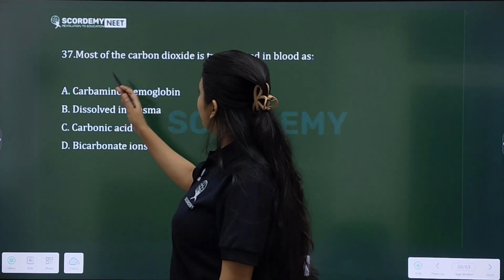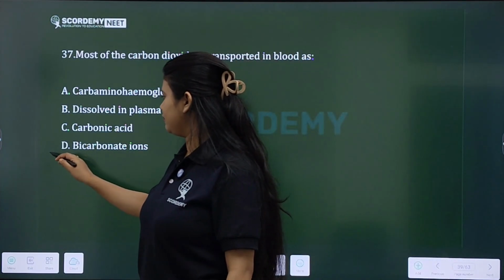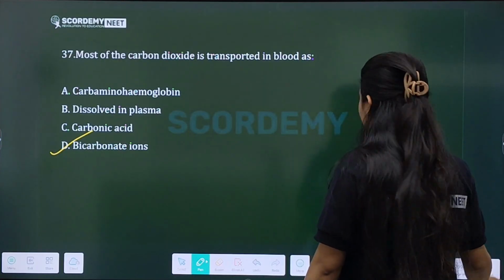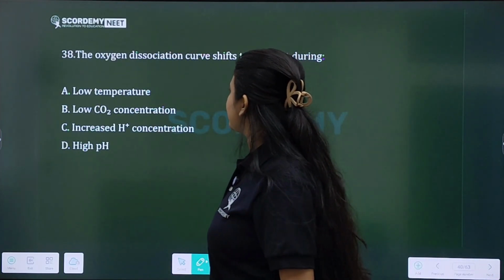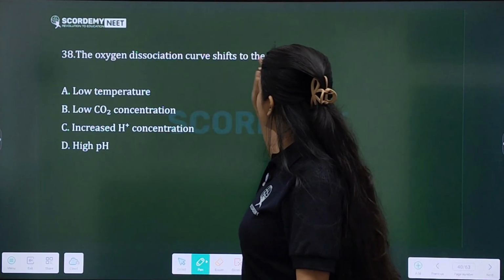Then, most of the carbon dioxide is transported in blood as bicarbonate ions. Again, this question is repeated. The oxygen dissociation curve shifts to the right during, okay, shifts to the right.